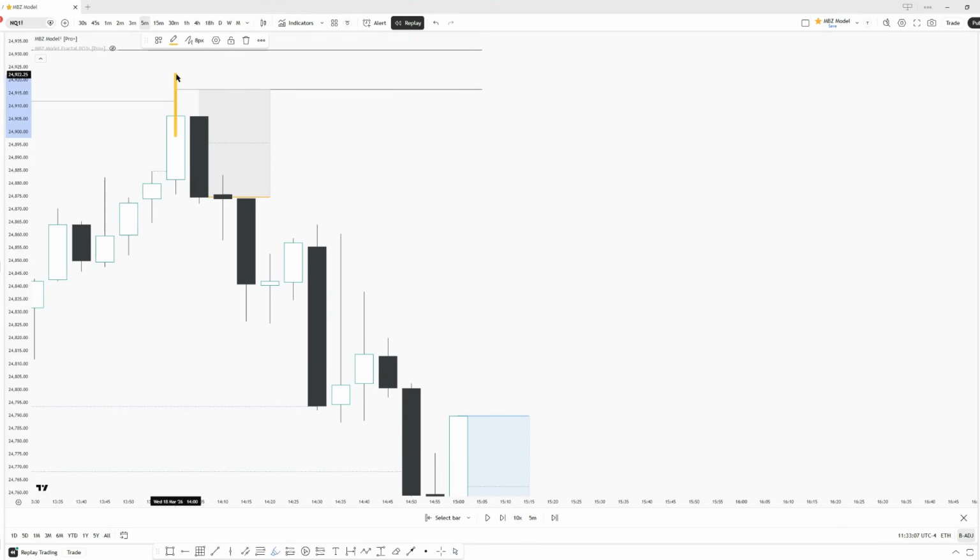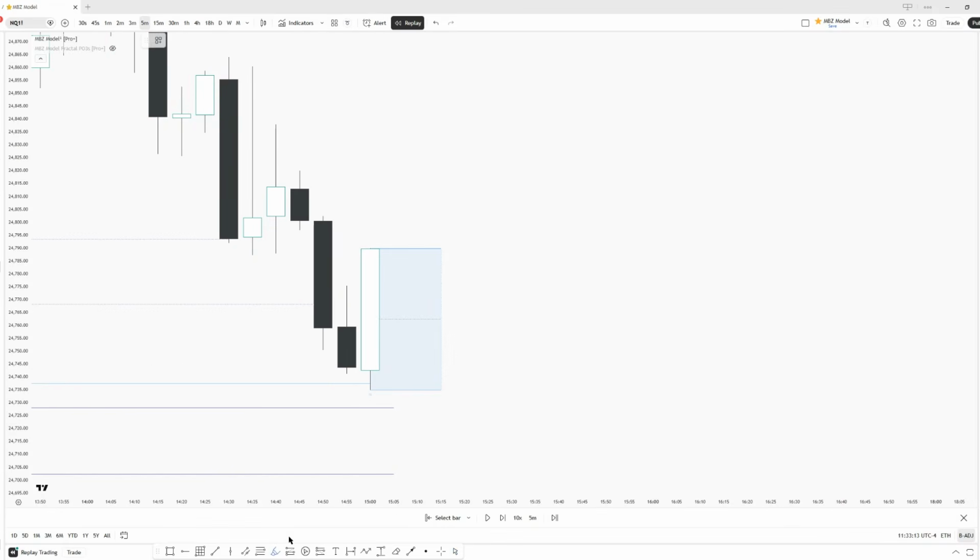Opposing candle stabs into it. Confirmation candle confirms the reversal. Here, the confirmation candle sweeps and takes the low and also confirms the reversal. It's basically a 2-in-1, all-in-one candle. It does all of that. It takes out the low, it confirms the reversal, making it a type 1.